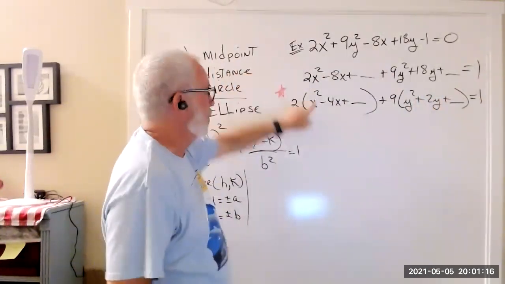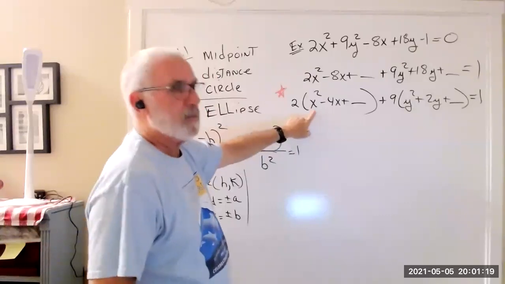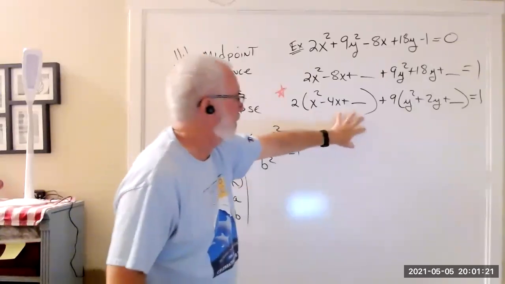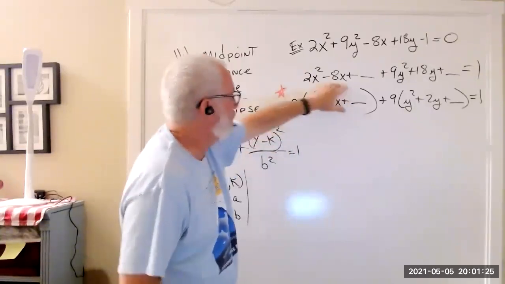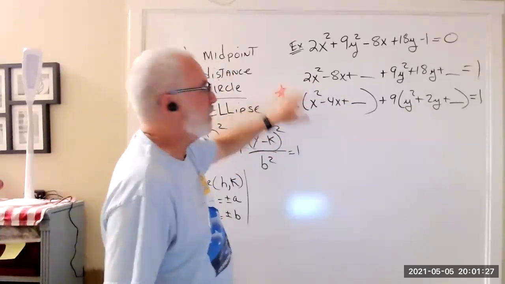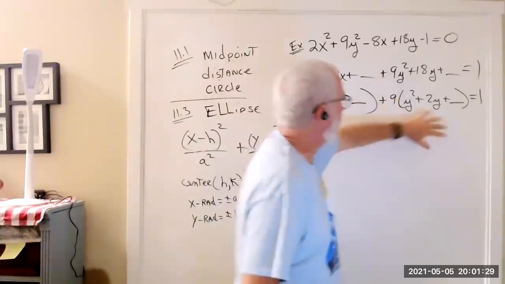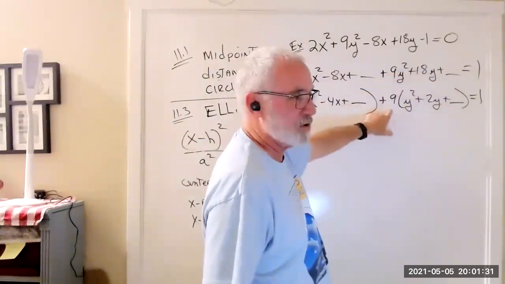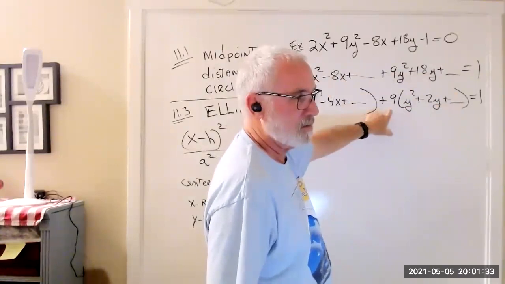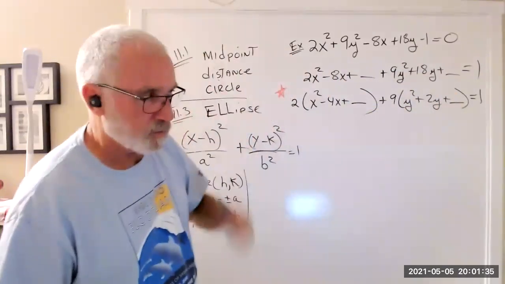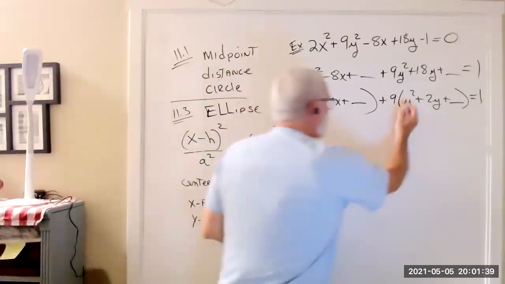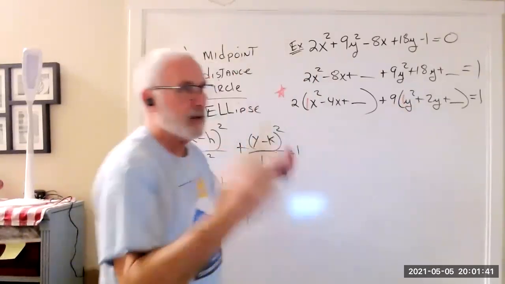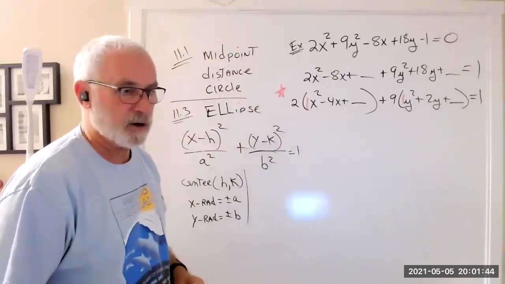It's got to be a 1 x squared. The way we get around it is by factoring out that coefficient out of all of the x's. And we factored out the 9 out of all of the y's. So now for us, this is a 1x squared and a 1y squared, and I'm happy I can now complete the square.